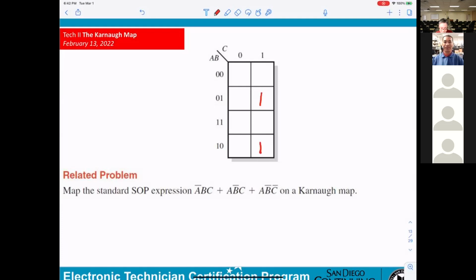Then A, not B, C, and A, not B, not C, and you put a 1 directly next to the one over. Right, that's it. Okay, you get that?